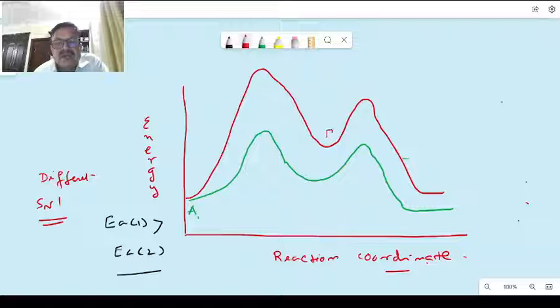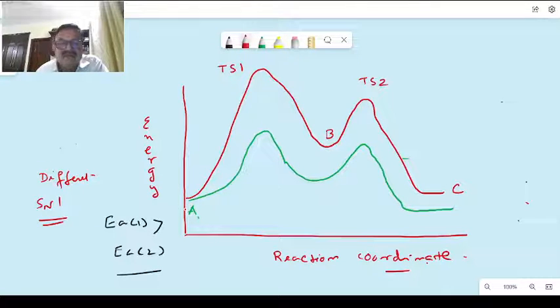B, we can't say it is a product, it is a reactive intermediate here. And this is our TS1, transition state 1. That is starting material A. In the red curve, A passes through the transition state TS1 and gives the reactive intermediate B. This reactive intermediate further proceeds through a transition state TS2 and finally gives the product C here.